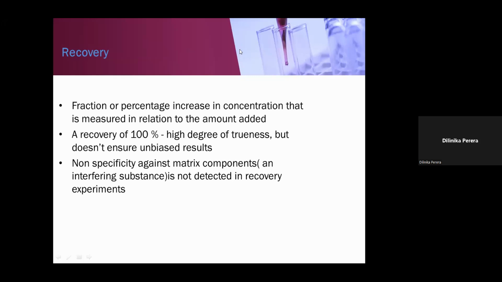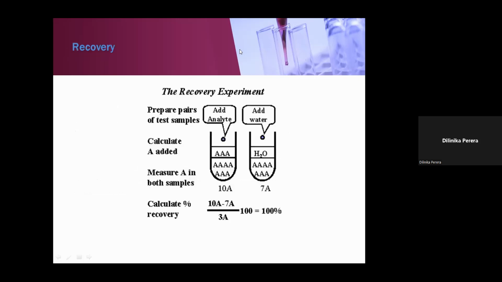Why? There may be effects from matrix components, or interfering substances that are not detected by the recovery experiment, so you have to keep that in mind. This is one way we can do the recovery: we add analyte, add water, and calculate the percentage of recovery.